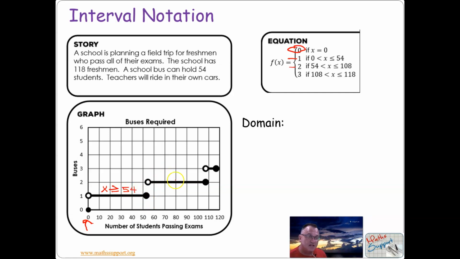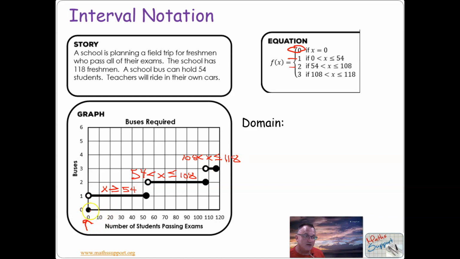And then this line right here represents all the x values that are bigger than 54, but less than or equal to 108. And then this horizontal line is all of the numbers that are bigger than 108, but less than or equal to 118.